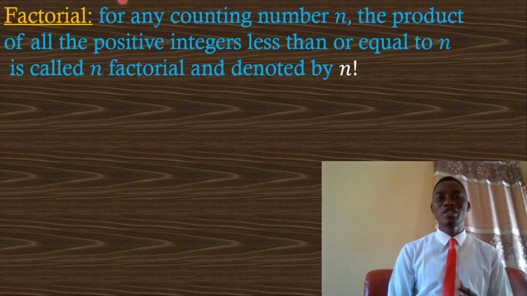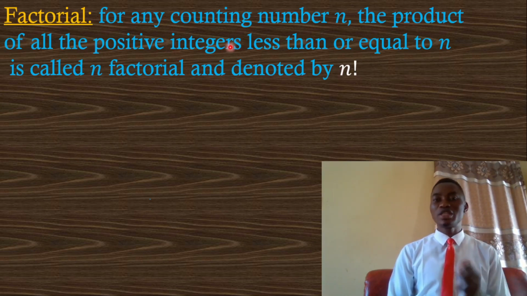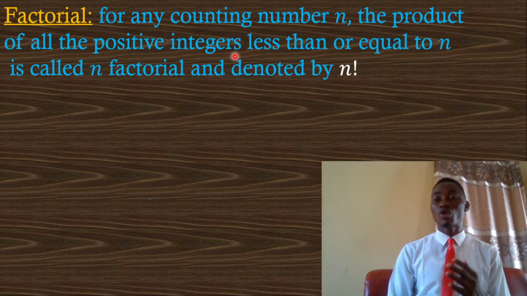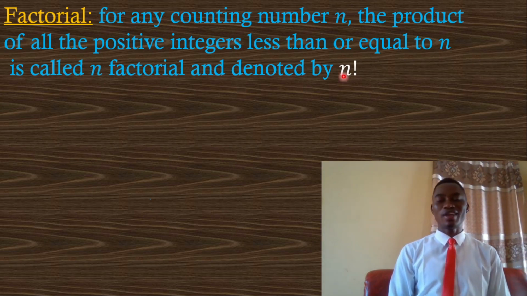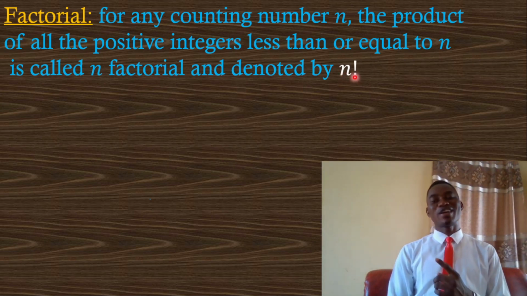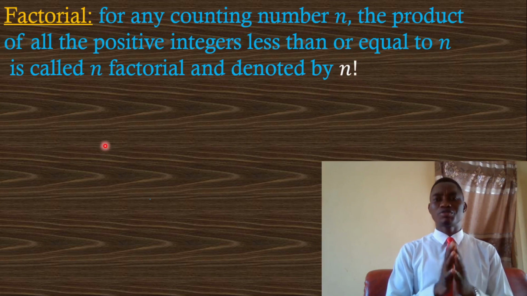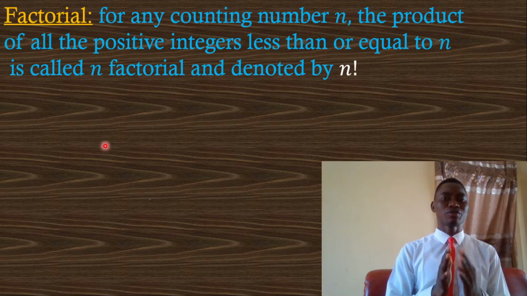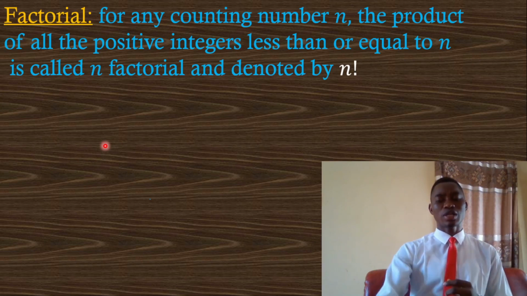For any counting number n, the product of all the positive integers less than or equal to n is called n factorial and denoted by n followed by an exclamation mark. I'm going to give you a mathematical formula for factorial so that it will aid your understanding.